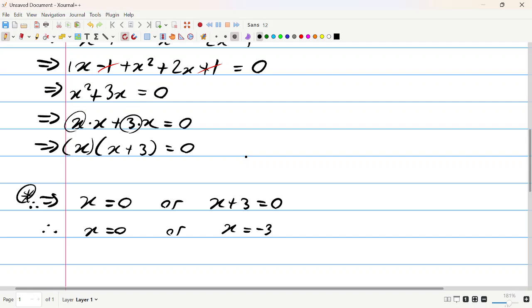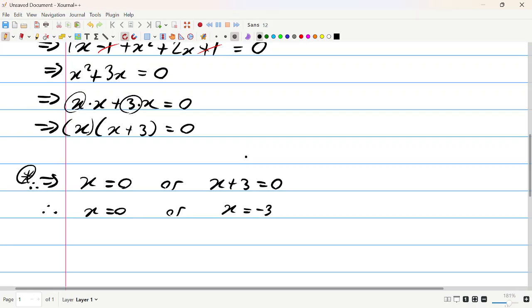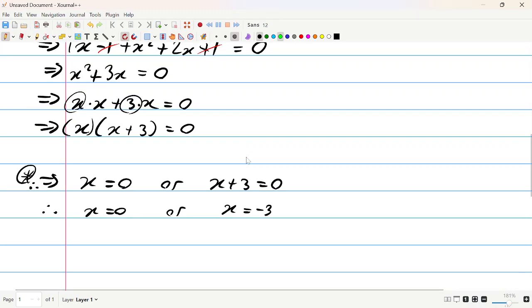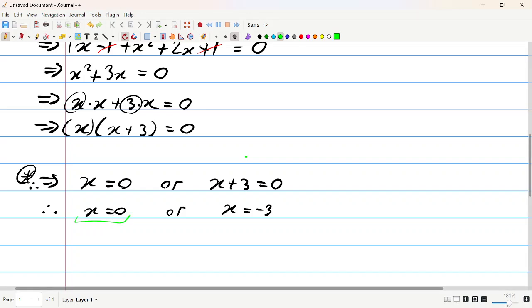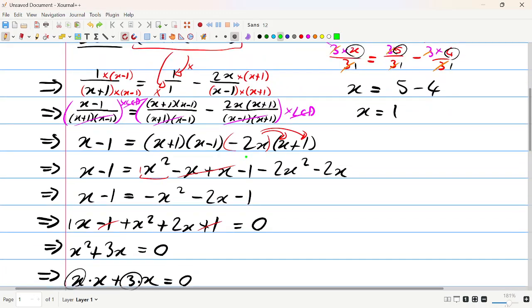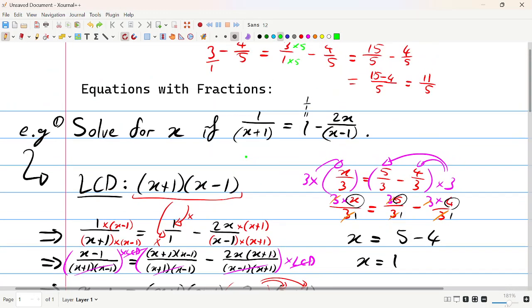Just take note of that. And I just realized something as well. You always need to check your answers. Notice that we have x equals 0 and x equals negative 3. If we plug in 0, we need to look at the denominators. The denominators originally were x plus 1 and x minus 1. And notice that if x was equal to negative 1, then it will be undefined.